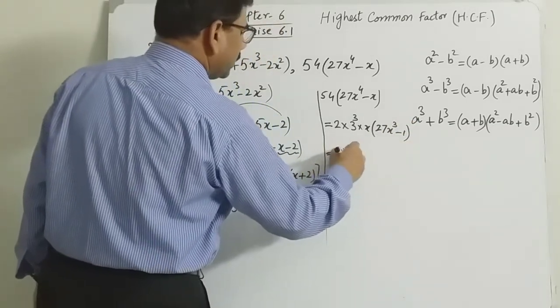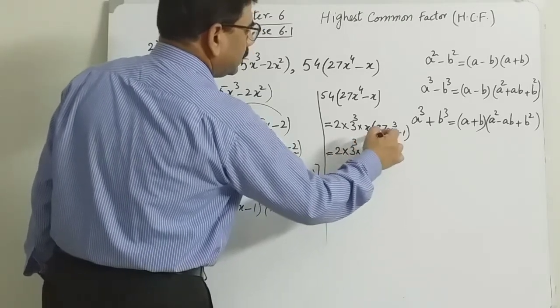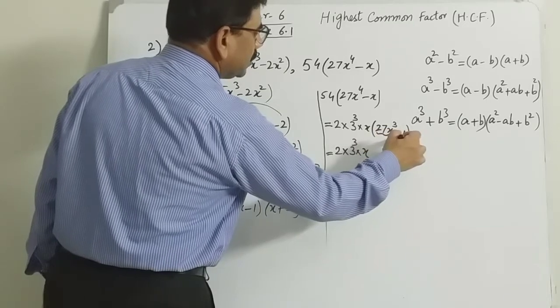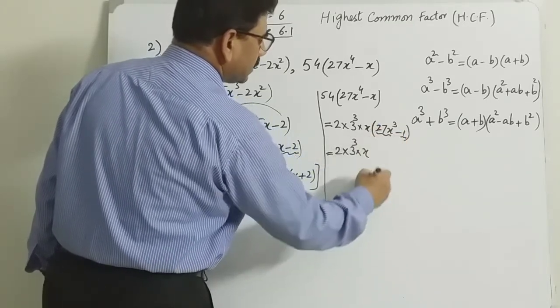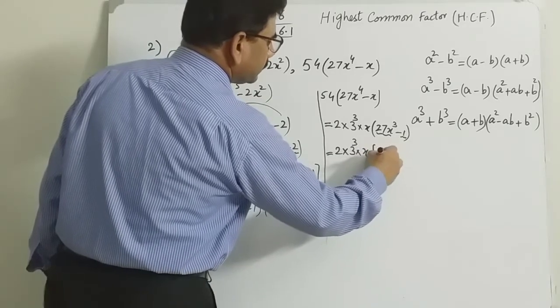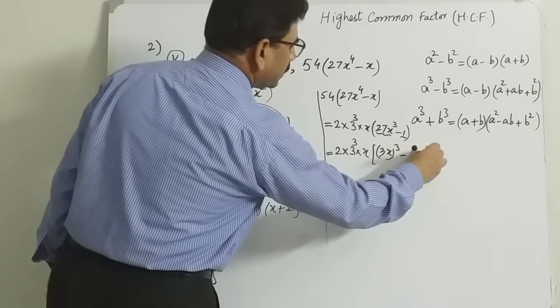Now 2 multiplied by 3 power 3 multiplied by x, and we can see that these are perfect cubes. 27x cube is the cube of 3x, and 1 is the cube of 1.